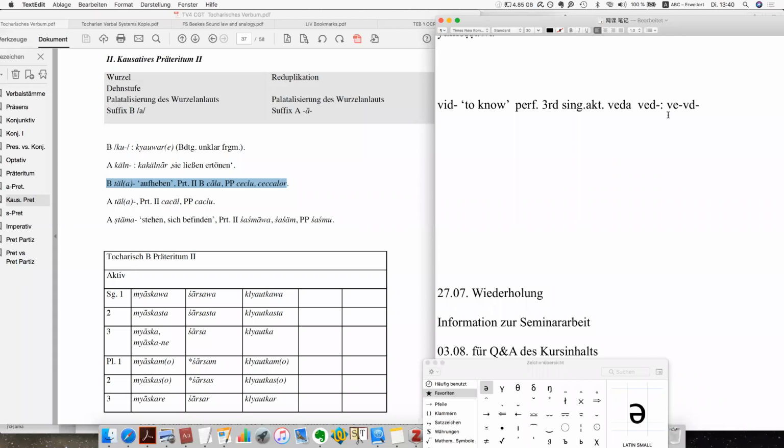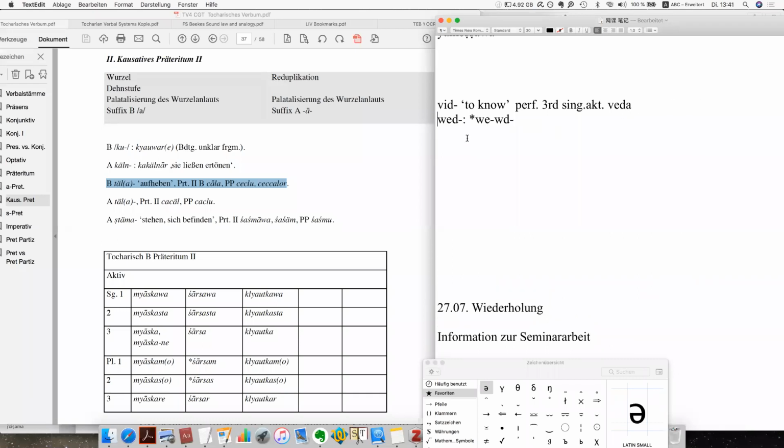So this is probably the original root, and then, oh, sorry, it's vid, okay, vid, and then you have the reduplication look like this, and then there will be a dissimilation in this case for the Sanskrit root, and actually also for the Greek.